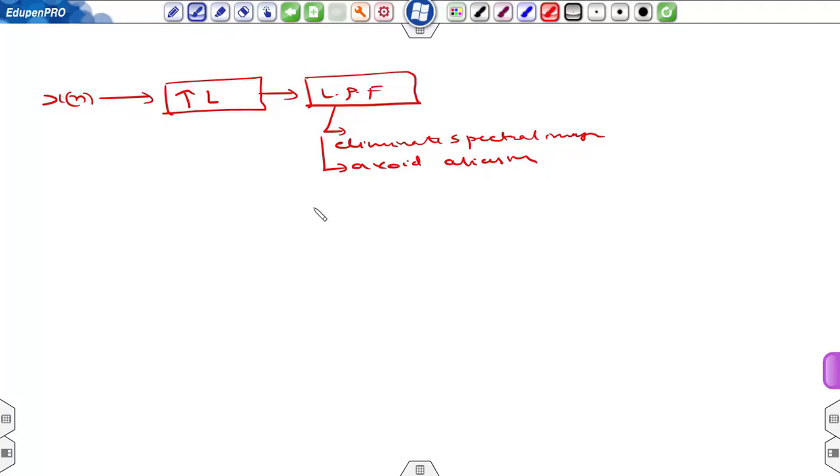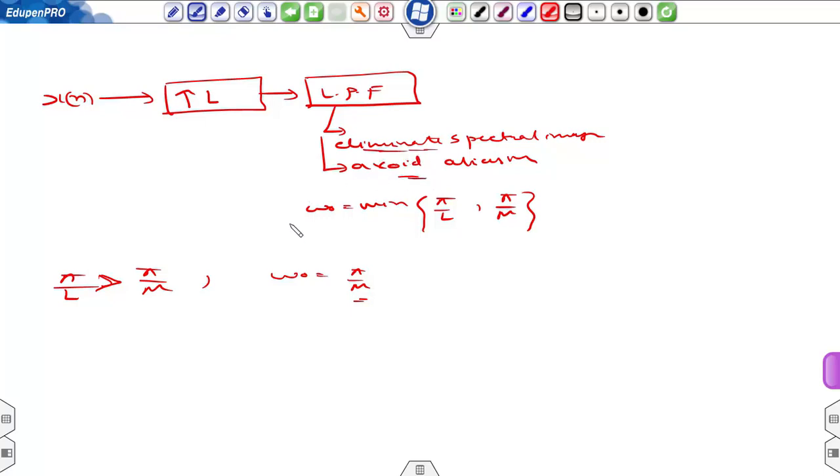Its cutoff frequency omega naught should be the minimum of pi by L and pi by M. Suppose pi by L is greater than pi by M, and you have chosen omega naught as pi by M. This filter will avoid aliasing, but some spectral images will still be there.